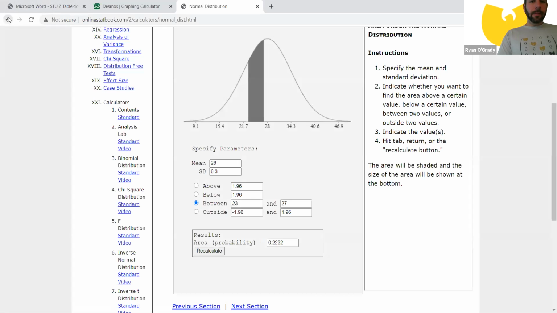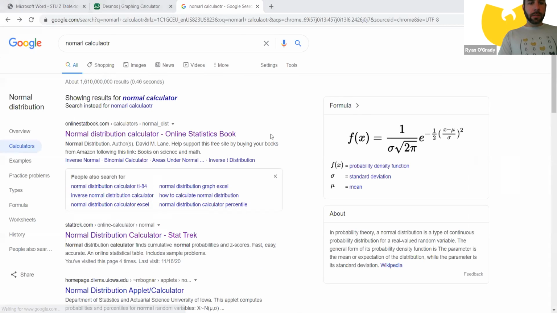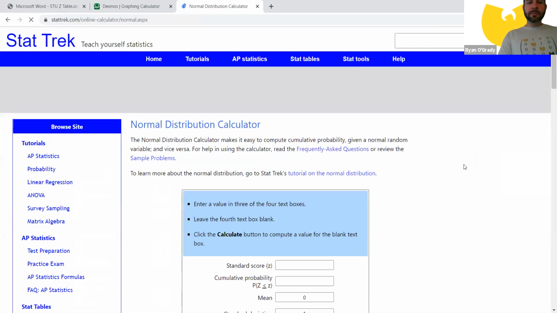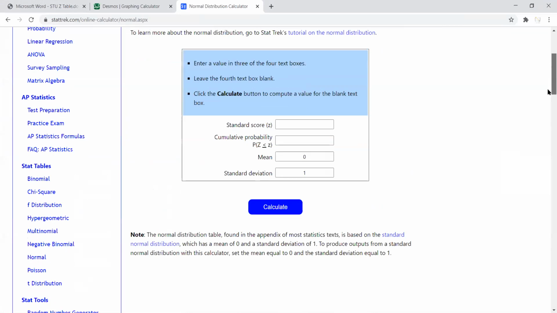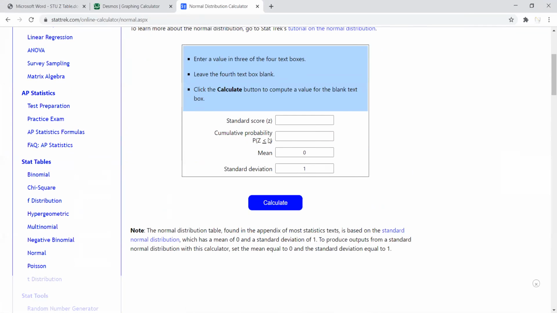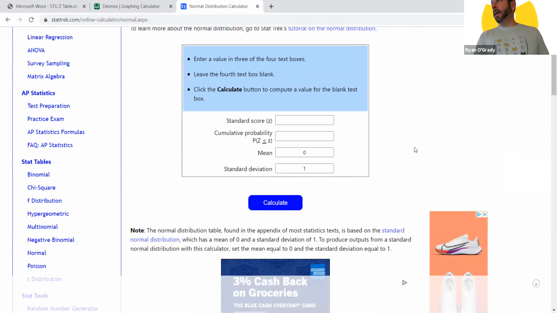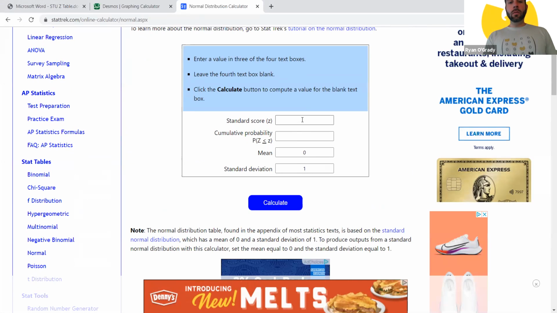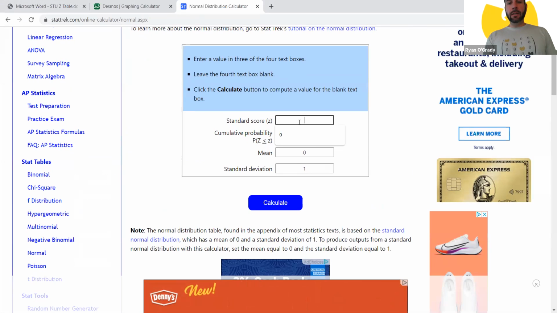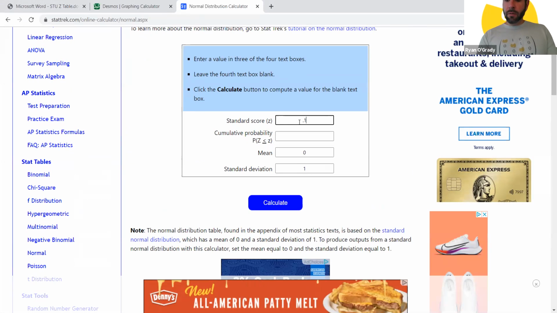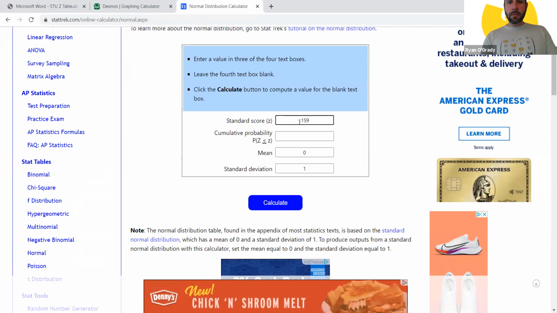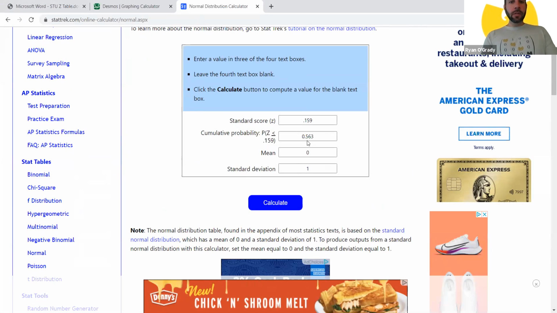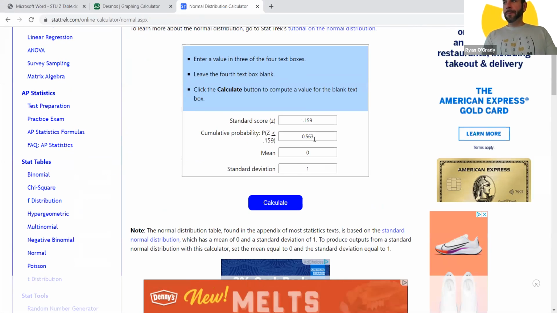You'd have to first find your Z. So let's go to that one. So suppose we went to that calculator, this one. Okay, so now this calculator is not as sophisticated. So what you'd have to do is exactly what we did. You'd have to first do the 0.159, and you'll see it gives you 0.563.